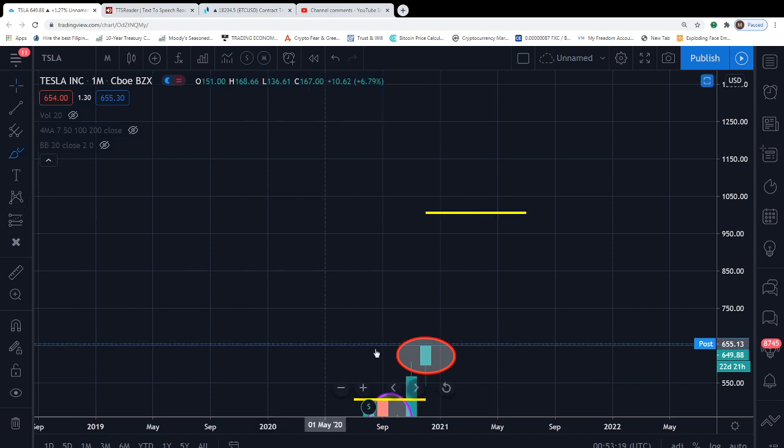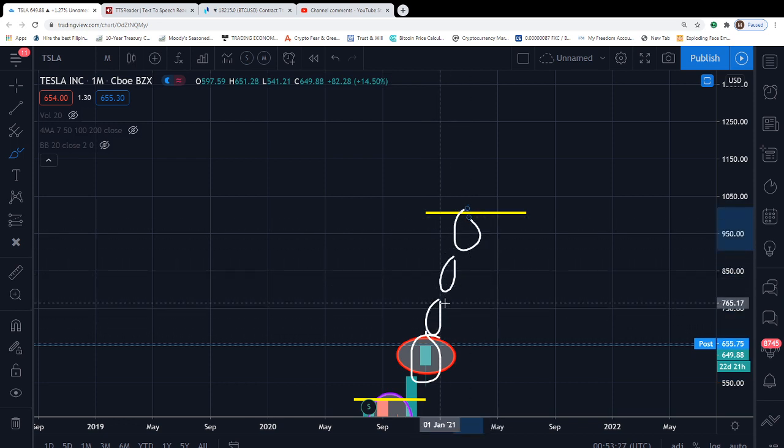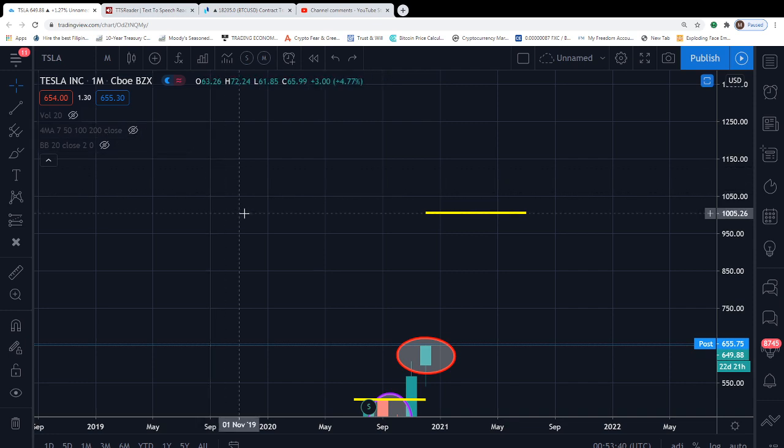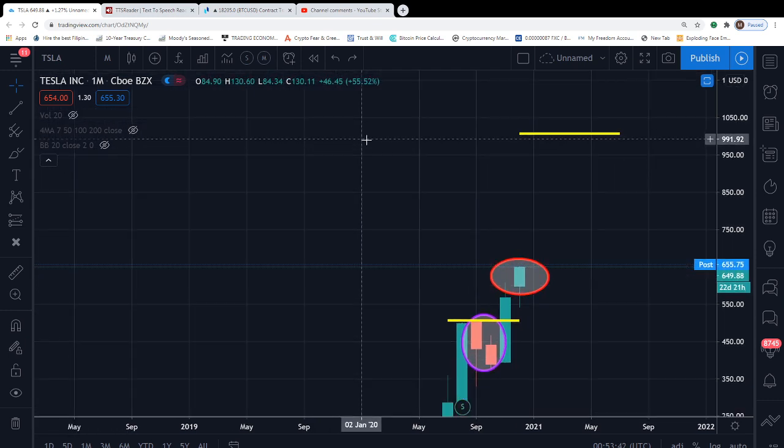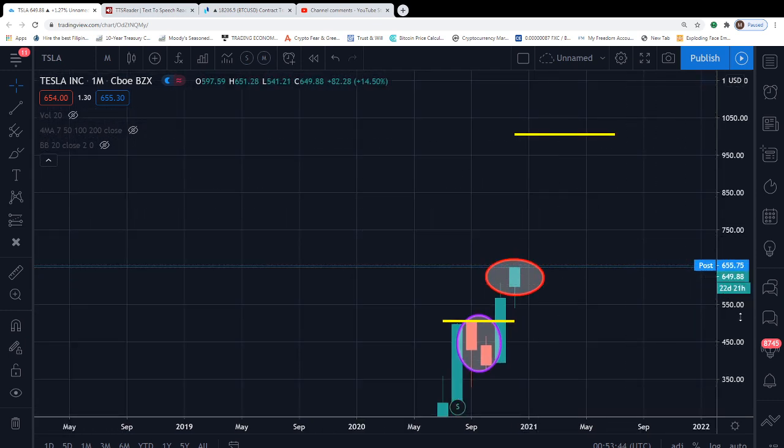We'll see 1 candle currently in the consolidation phase, and then we'll see the second candle here, third candle there, and the 4th candle somewhere there. And that leaves it at a time of about March 2021. Okay. So I'd say that the bullish momentum could continue from now in December all the way through to March 2021. Just pure speculation, guys, okay?